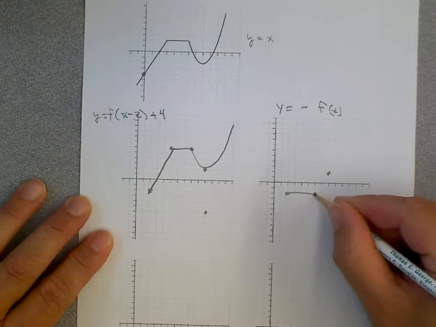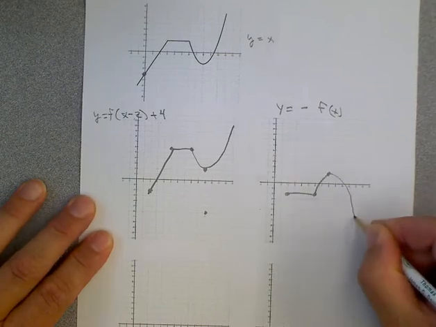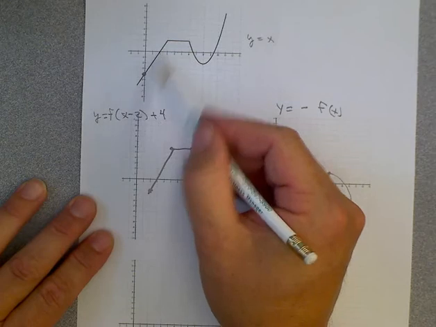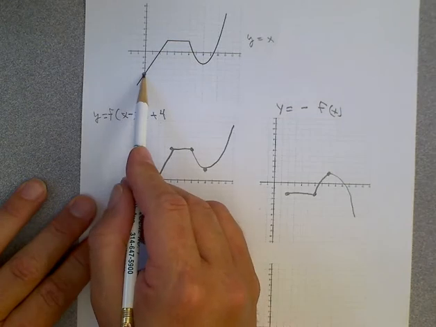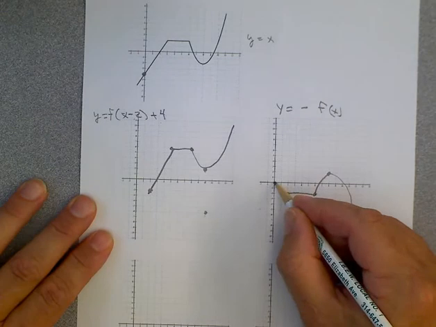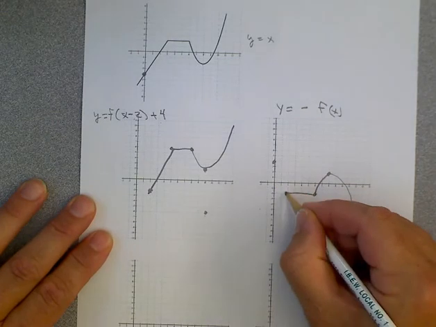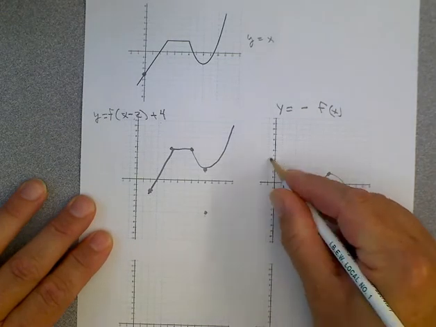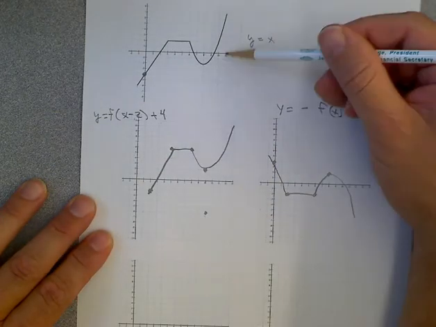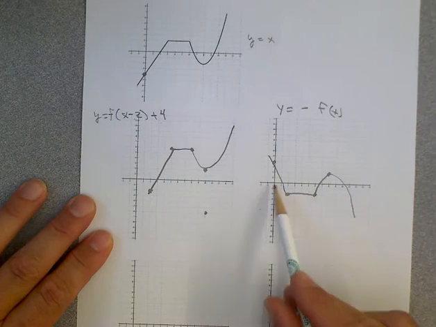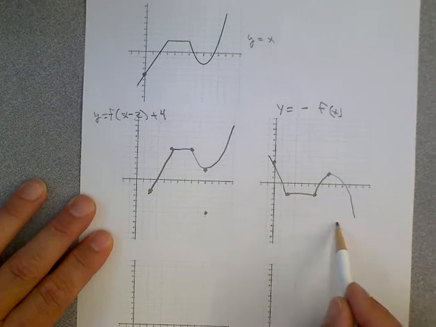So the parabola comes up and then down. And the line went through the point 0, negative 4, so now it goes through 0, positive 4. And I should stop it at each location that it was before. It was at 11, 7, so this should stop at 11, negative 7. I missed a little bit there.